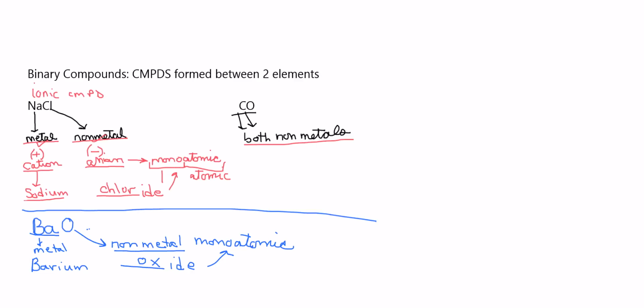Now I challenge you to do a couple on your own. Mind you, these are all ionic compound binary compounds. We're going to do binary compounds that are made from both nonmetals on a different video.